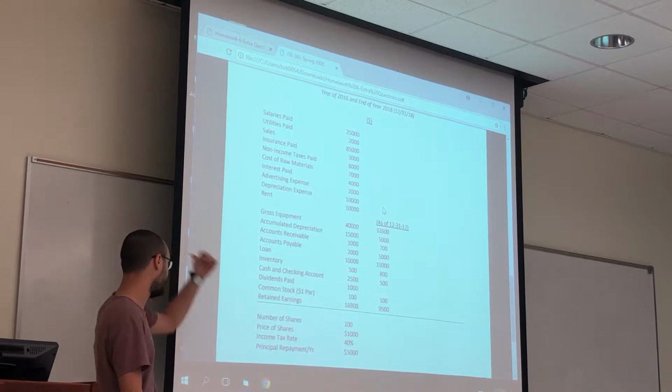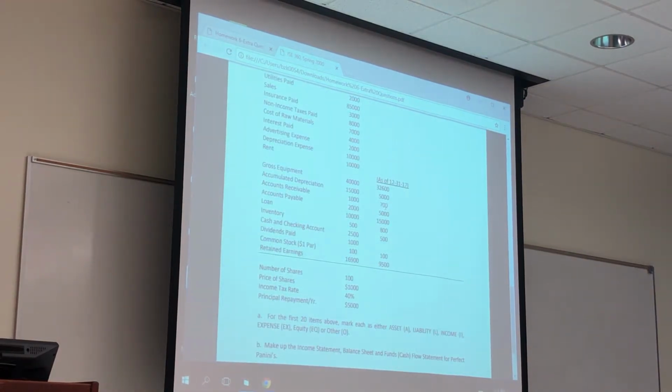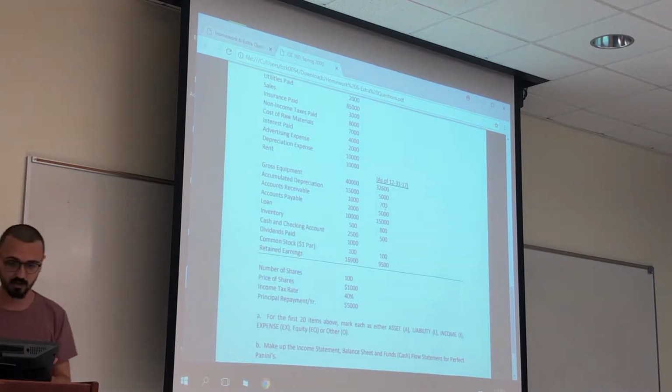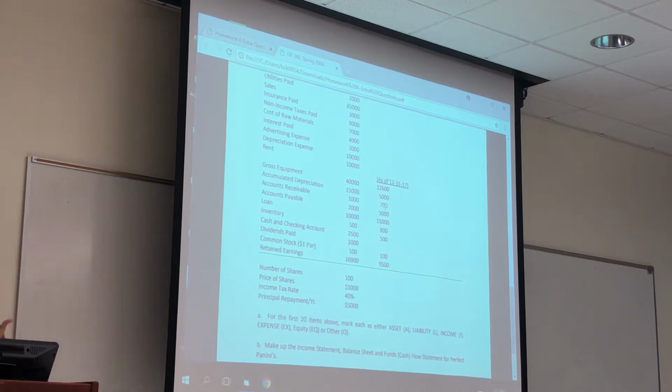This is all we get, and we're asked to do the first step of determining whether each element is an asset, liability, income, expense, equity, or other. That's not classified in this. So let's start with that.